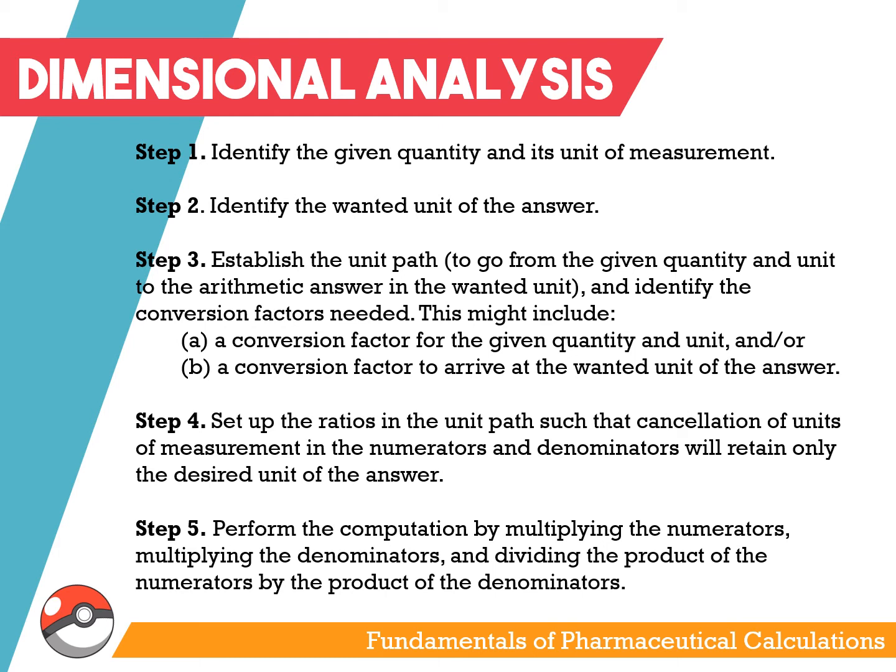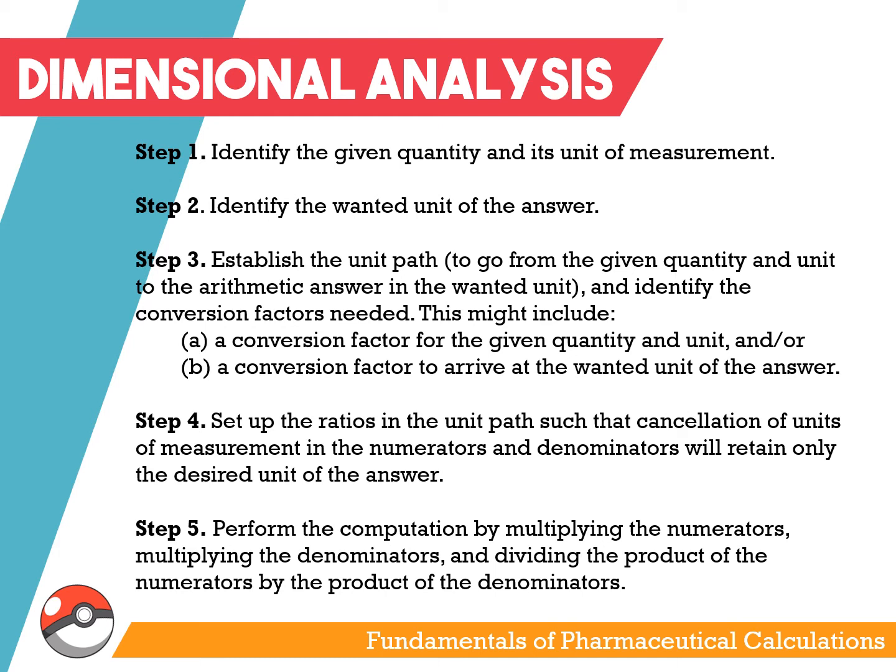In computing, we only need to memorize them. For example, we should convert inch to centimeters. So 1 inch is equivalent to 2.54 centimeters, or converting 1 kilogram to pounds, 1 kilogram is equal to 2.2 pounds. So we should memorize.